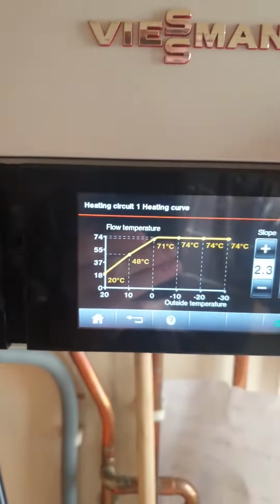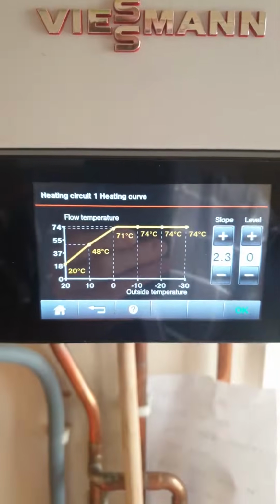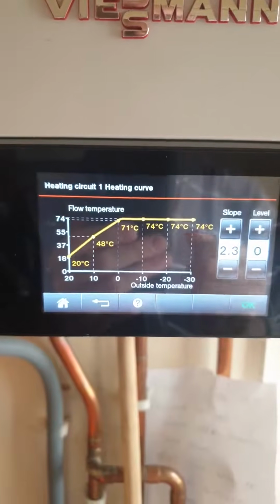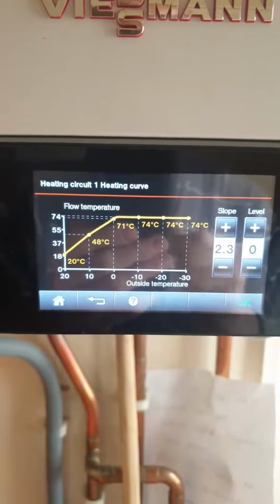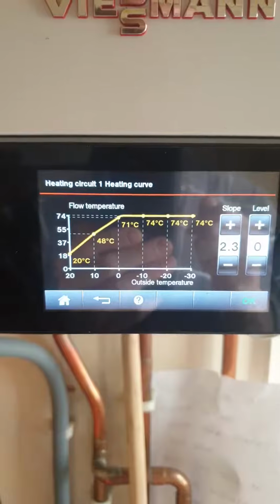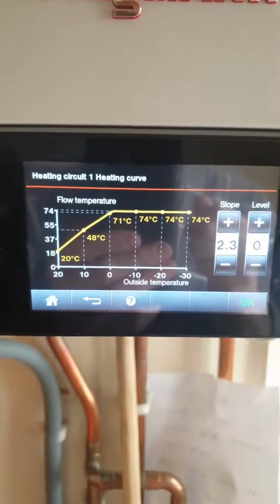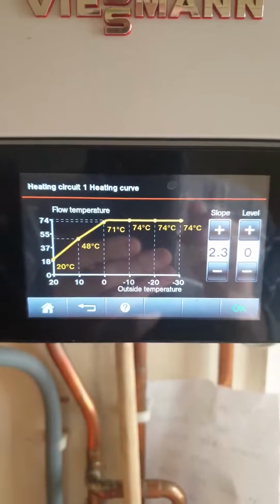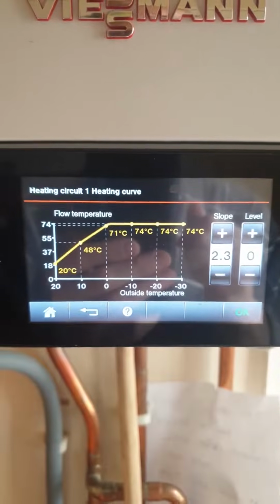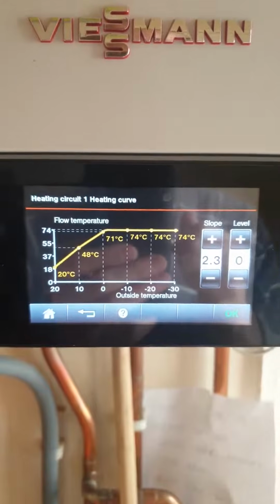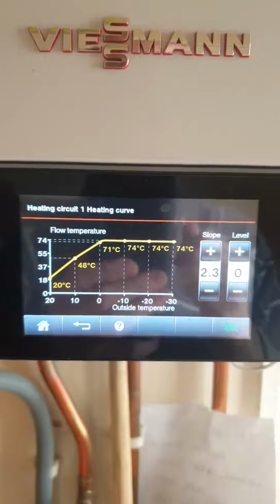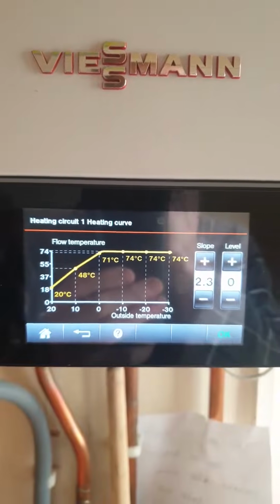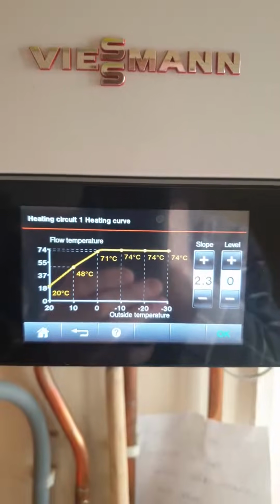Originally when I did the heat loss for my house, I used a Mears calculator. The Mears calculator worked out that I needed 15 kilowatts, and that was an amalgamation of my radiators plus a little bit for hot water. I sized my radiators with the Mears calculator and selected from the catalogue based on delta T50, so that's mean water temperature to air temperature.